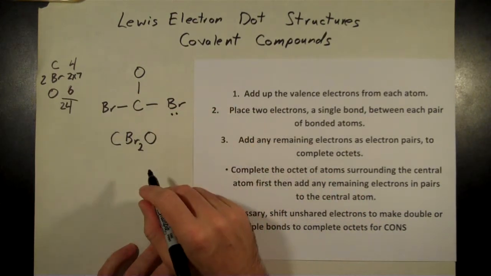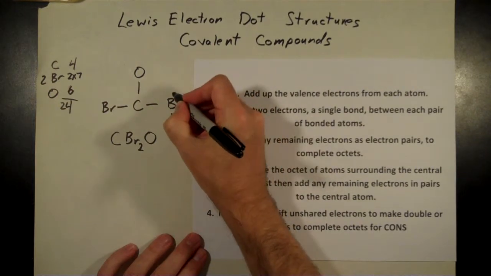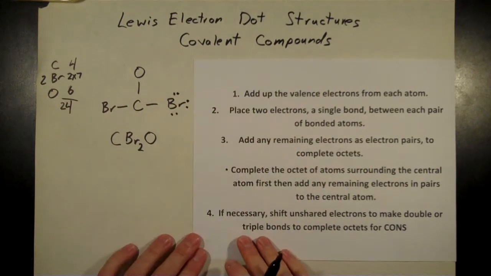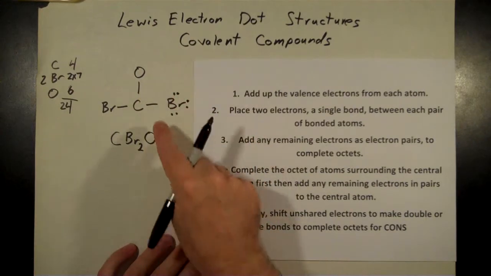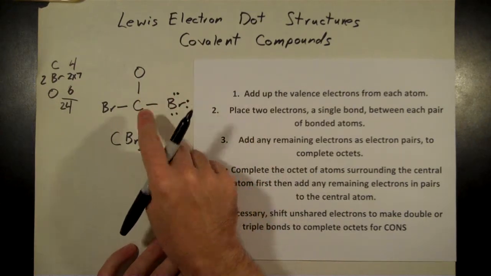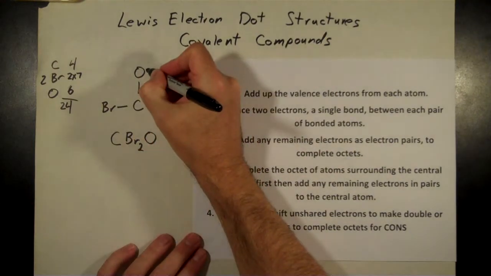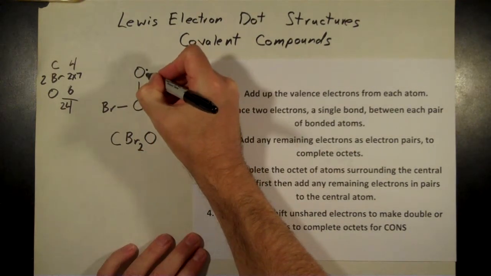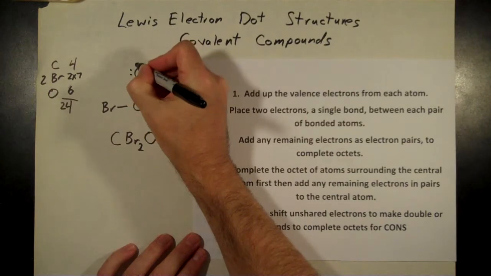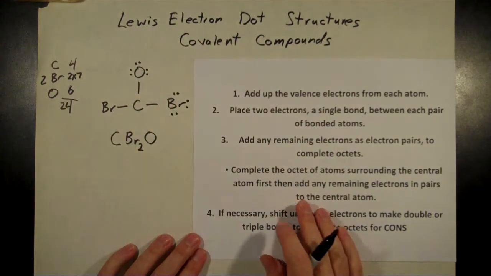So this bromine already has 2 electrons. It needs 6 more to complete that octet of electrons. So we'll put in 2, 4, 6 more to go with the 2 in the bond there, that straight line. Again, there's 2 electrons there. So that's 8 total there. Let's do the same thing for the oxygen. And that'll complete the octet there.